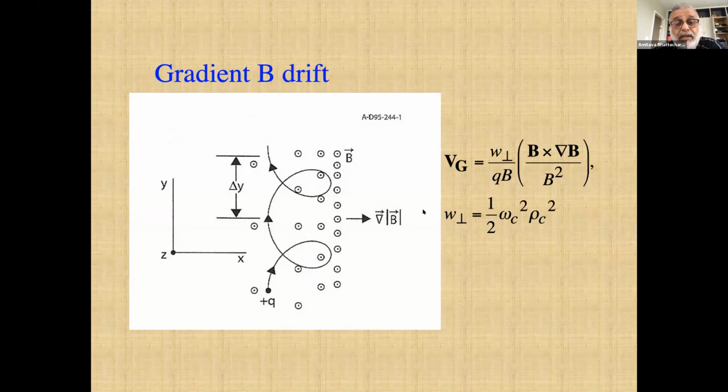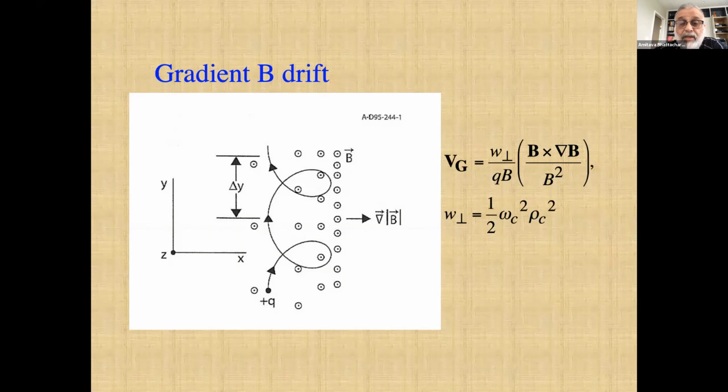And using approximate equations of motion, by which I mean one cannot solve this problem exactly in an inhomogeneous magnetic field without making the assumption that the Larmor radius of the particle is a small fraction of the scale length of inhomogeneity of the magnetic field.